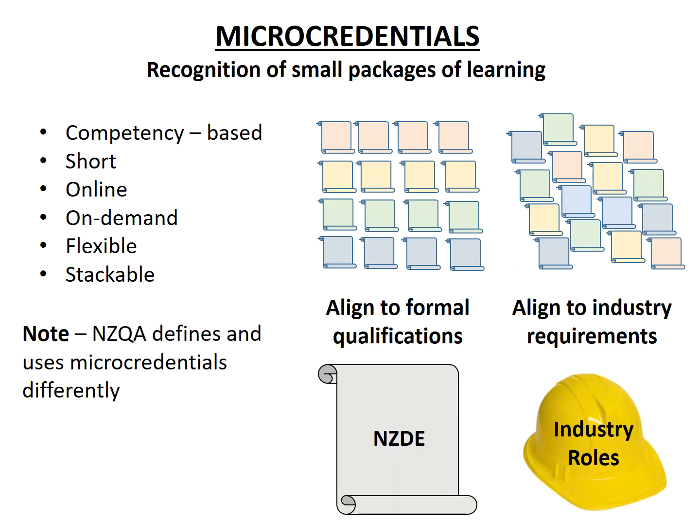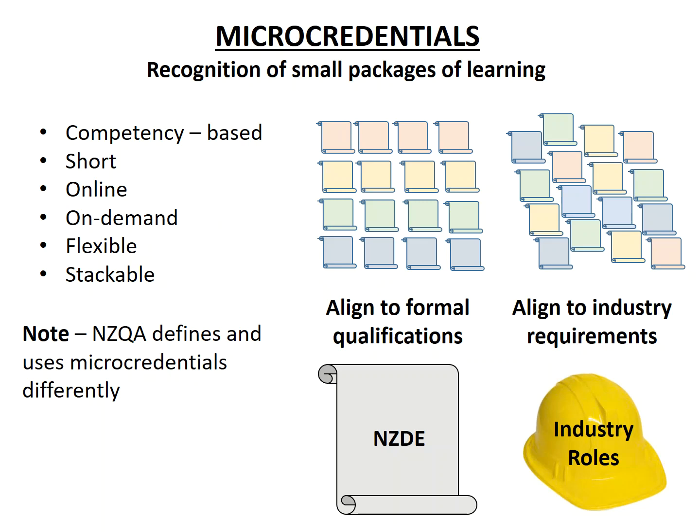So microcredentials, for the purposes of my presentation and my study, are recognitions of small packages of learning. They are competency based, so each microcredential recognizes a specific competency, such as being able to produce a construction drawing, or being able to plan an earthworks project, or being able to test earthworks.